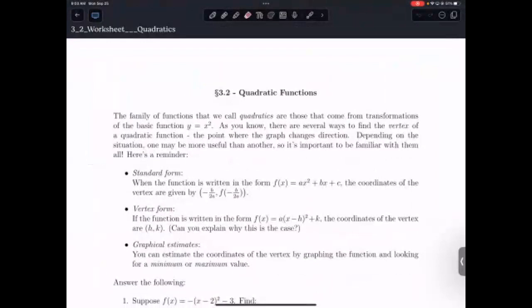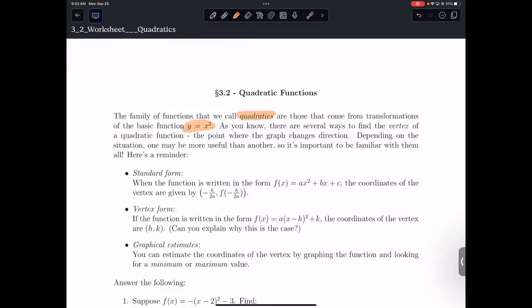So we're just looking at functions that come from or are related to y equals x squared. Okay, so quadratics come from y equals x squared.